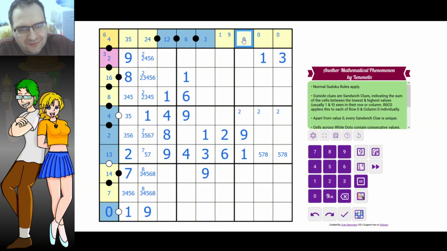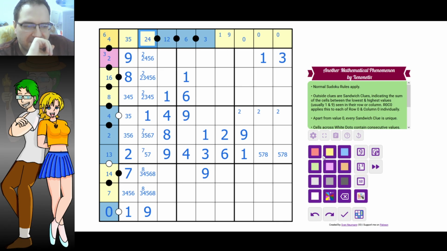If this is a 0, this has to be 19 if those are not zeros. If this is a 0, this can still be anything. And if this is a 0, this and this together could be 19. I see. So we don't know yet.